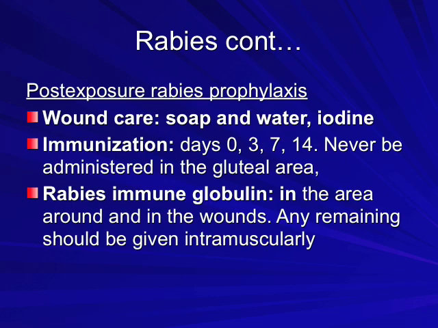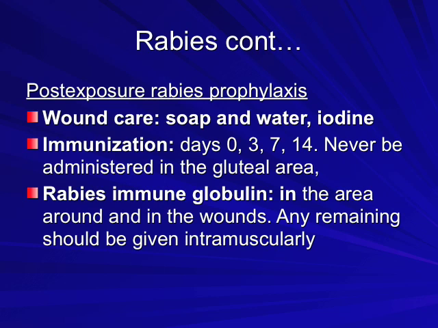You have to clean the wound, and then the immunization in somebody who has not been previously immunized consists of 4 vaccines, on day 0, 3, 7, and 14, never in the gluteal region, because it has been shown that protection and the level of antibodies in the gluteal region are not the best.